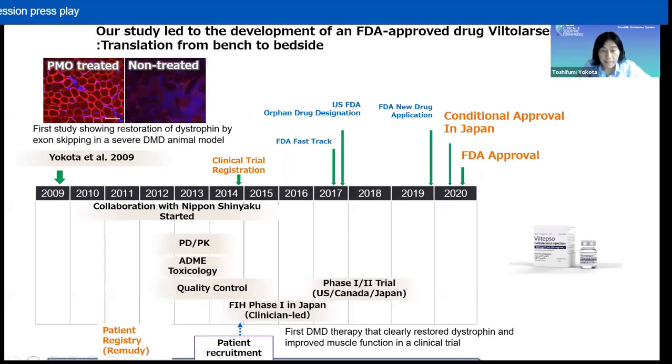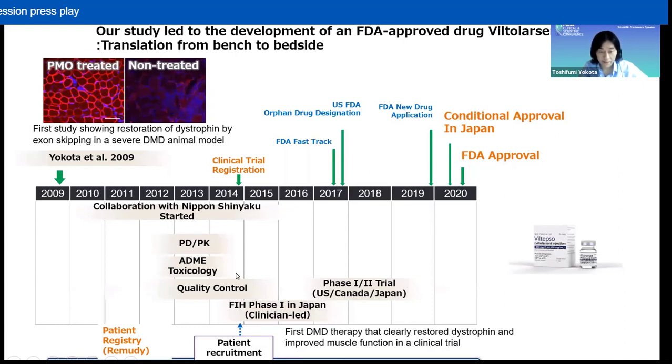This slide is our previous study. In 2009, our study was the first to show restoration of dystrophin by exon skipping in a severe DMD animal model, which is the dog model of DMD, and it prompted collaboration with the Japanese pharmaceutical company Nippon Shinyaku.